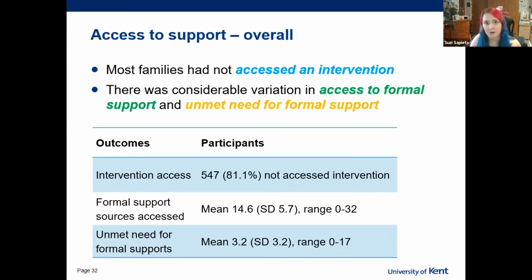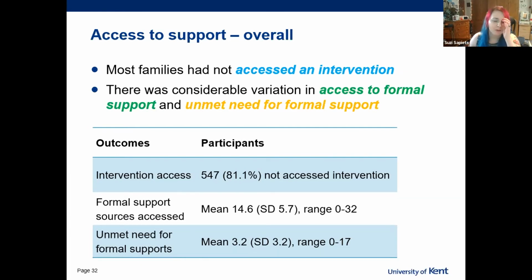So overall, most families have not accessed an intervention. Of the 49 formal support sources, parents and families accessed a mean of 14, but this ranged from 0 to 32 supports per family.